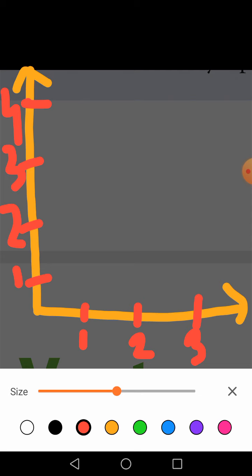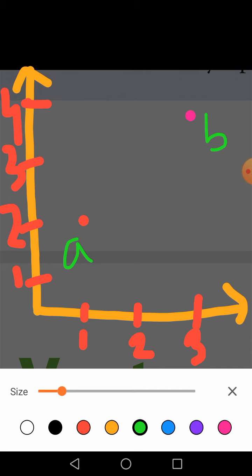And here we have one of the coordinate points, which is 1, 2, and here we have another coordinate point, which is 3, 4. Now we are planning to move. Suppose this point's name is point A and this point's name is point B.